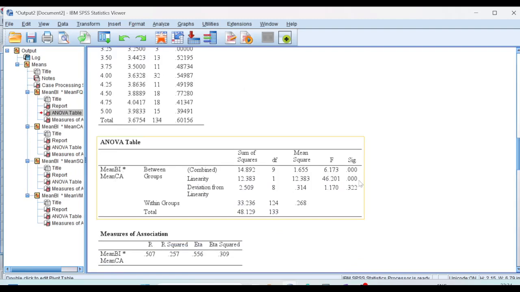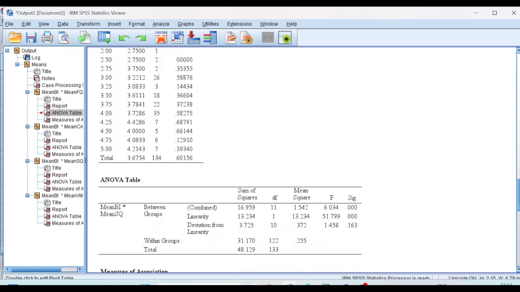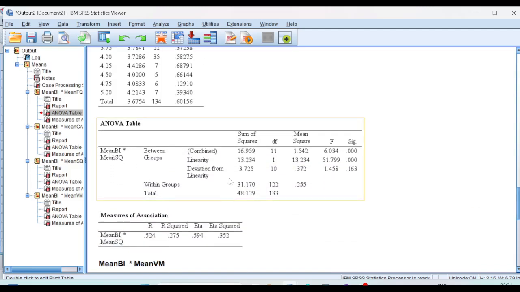For BI and CA, again linearity is significant, and the deviation from linearity is non-significant. It is greater than 0.05. It is 0.322. For service quality and BI, linearity is again significant. It is lesser than 0.05. Deviation is non-significant.